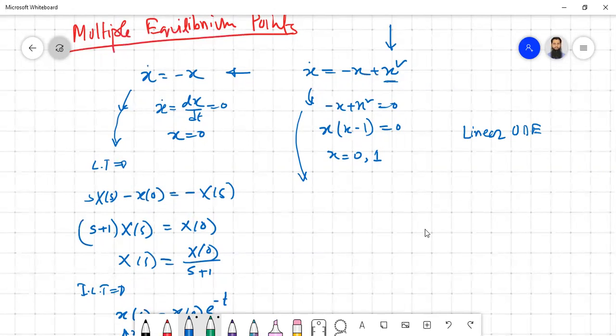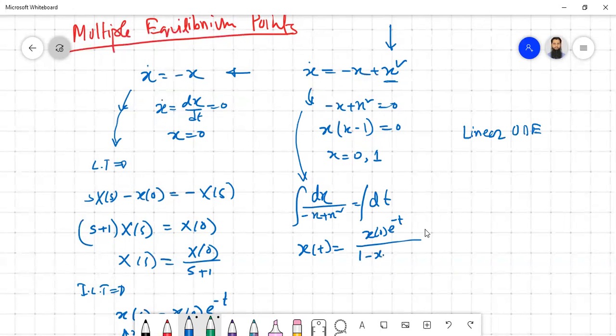You actually have to apply the separation of variables method. So eventually dx by (minus x plus x squared) equals dt, and if you integrate and find the solution, you get something like this: x(t) equals x0 e to the minus t, over 1 minus x0 plus x0 e to the power minus t.